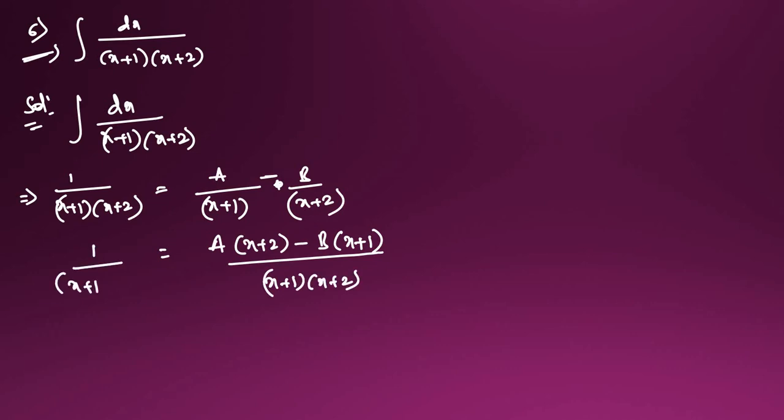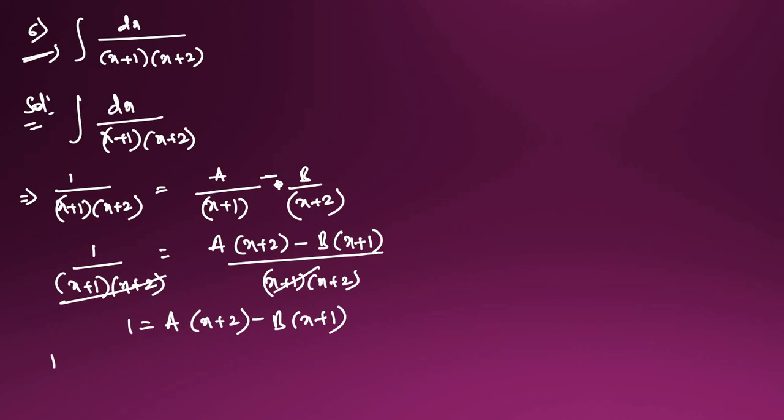We do cross multiplication: a into x plus 2, plus b into x plus 1, divided by x plus 1 into x plus 2. So both denominators will get cancelled, and here will remain 1 is equal to a into x plus 2 plus b into x plus 1.